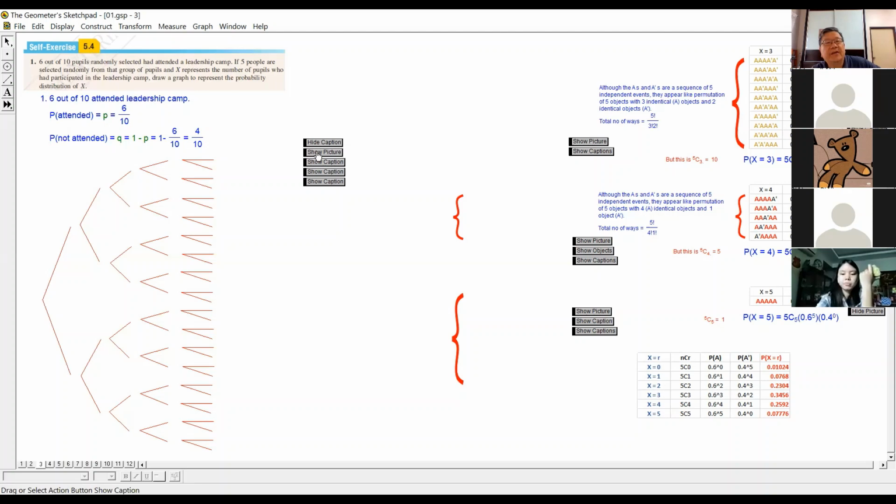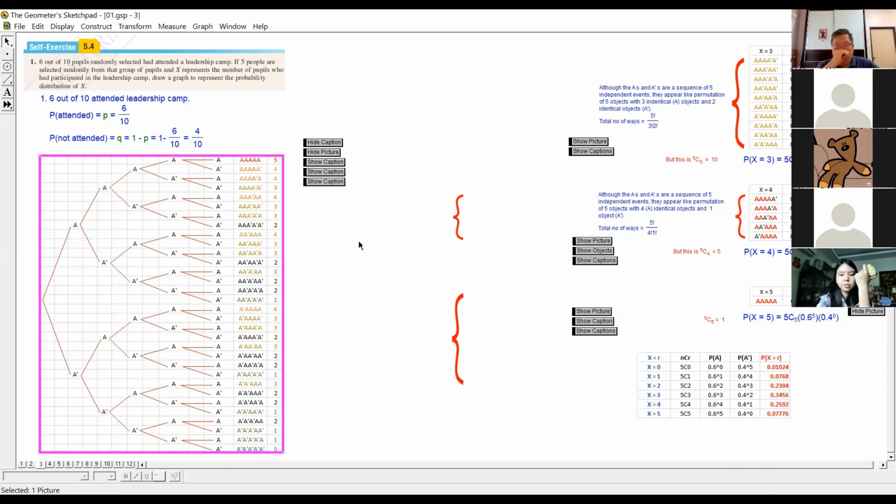Okay. Second one is you have to list out all the outcomes. A means attended. A prime means not attended, the complement of A. If A is attended, then the complement of A is not attended. And from here, you can list out all the possible outcomes.